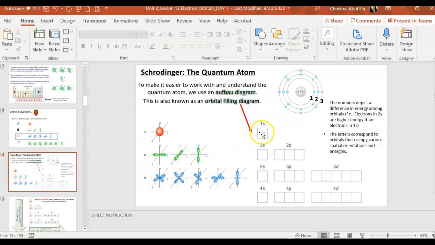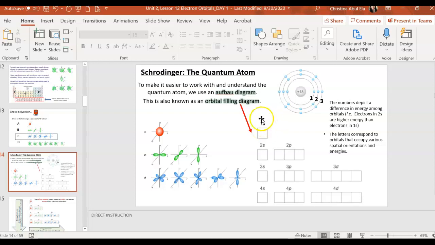So you see the first one is an s orbital. There's only one box because there's only one kind of s orbital, right? It doesn't matter which direction you're in. We have a whole column of s orbitals. So you can see every energy level, every floor has an s orbital. The numbers in front correspond to the energy level.